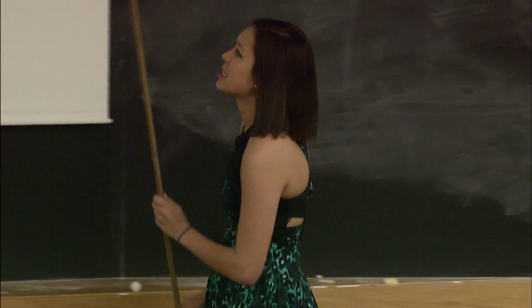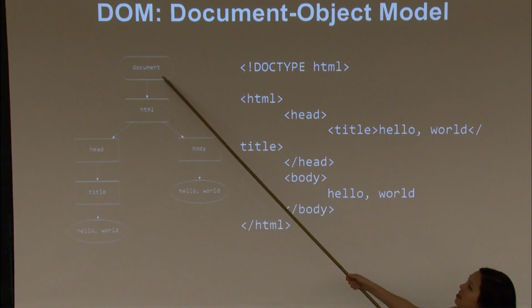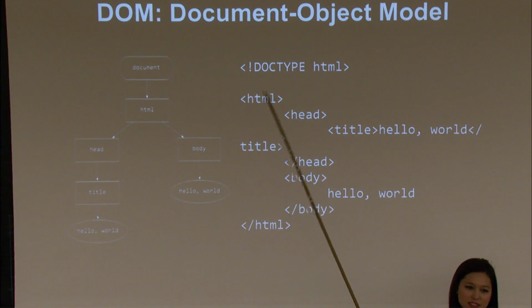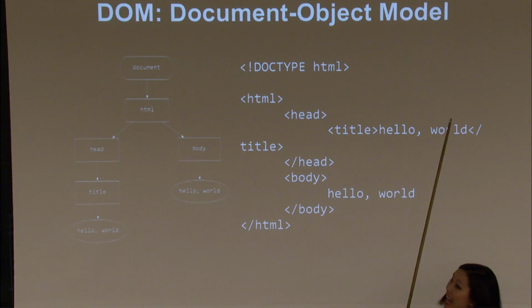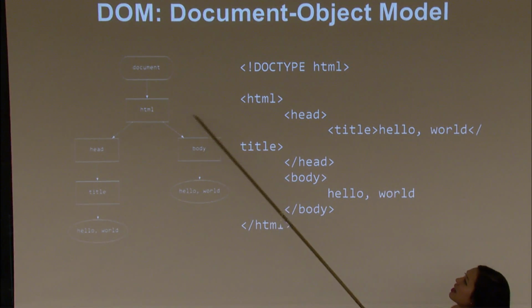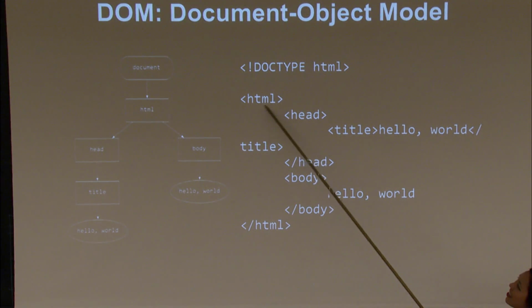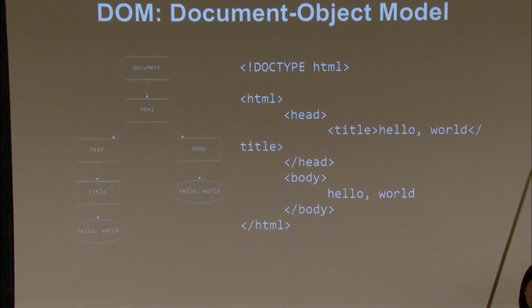So if we walk through this here, of course, our document is our entire file. That obviously makes sense as the highest thing. Then we have our actual HTML, which corresponds to this tag here. Also, if you indent your tags properly, then creating this DOM tree becomes super simple.